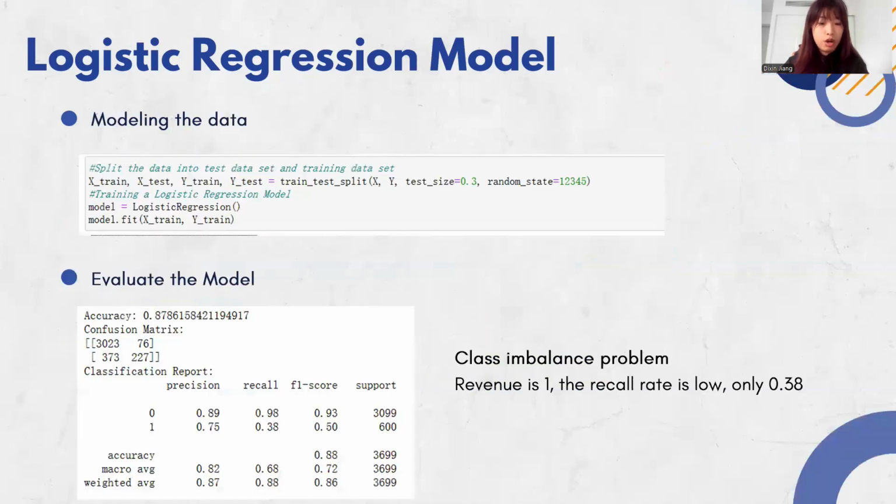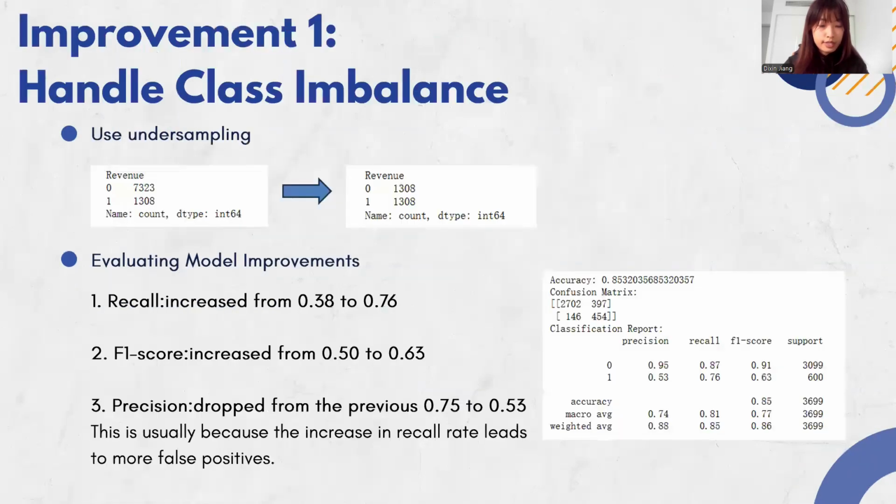To build the model, we split the data into a 30% test set and a 70% training set. Initially, the recall for predicting revenue equal to 1 was low at 0.38, indicating a class imbalance issue. To address this, we used undersampling.